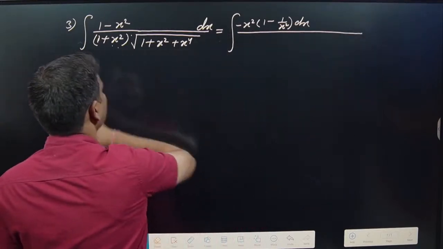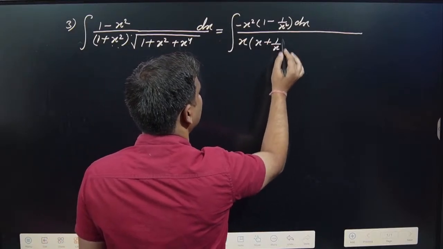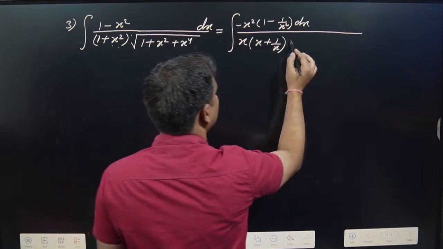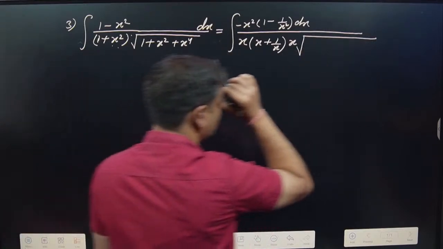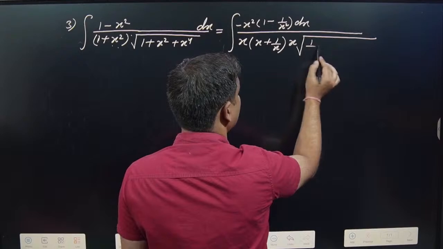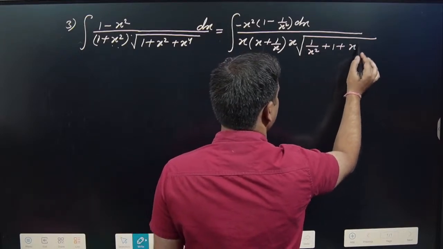In the denominator, if x is common, then this is written as x plus 1 by x, and if x is common under the root, then divided by x square. So you can say 1 by x square plus 1 plus x square.